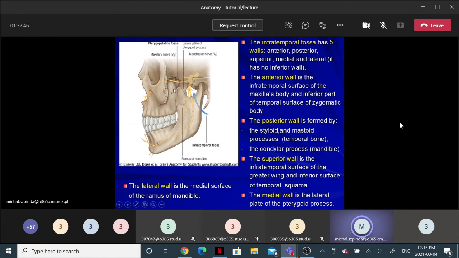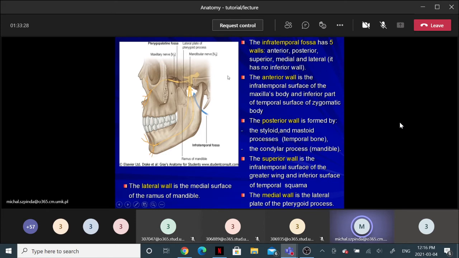All constituents of the anterior walls of the infratemporal and pterygopalatine fossae become the orbital floor, above which is the inferior orbital fissure. This means that directly in front of both fossae is the orbit, through the inferior orbital fissure.